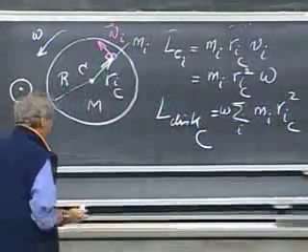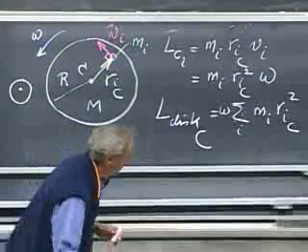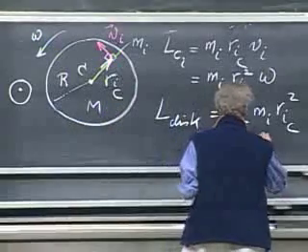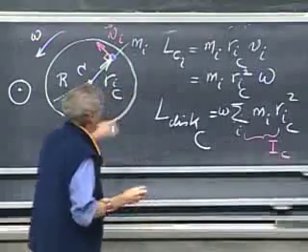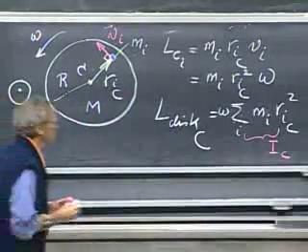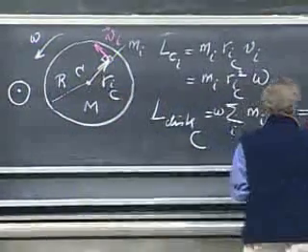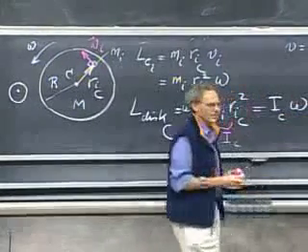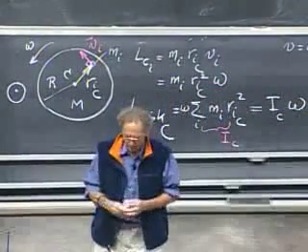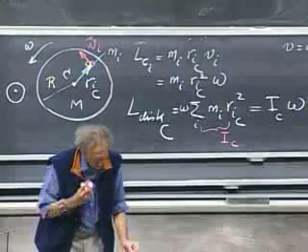And you see immediately, I hope, that this is the moment of inertia for a spin around the center of mass through that point C. And so I can write for this I of C times omega. So this is the magnitude.